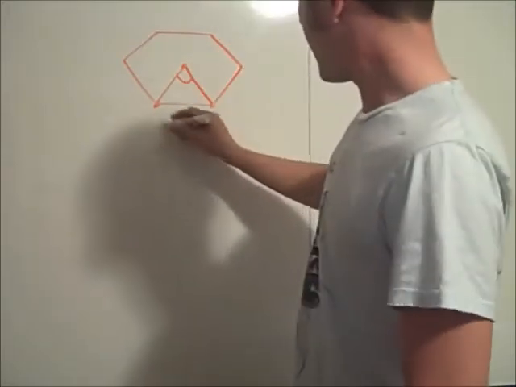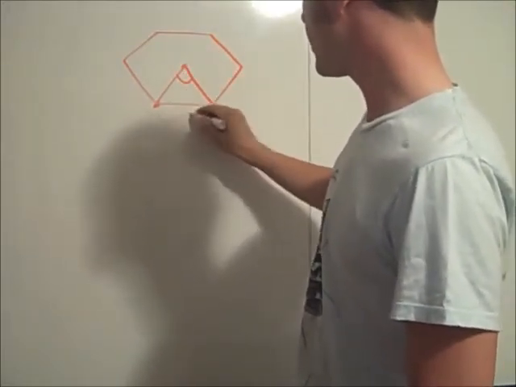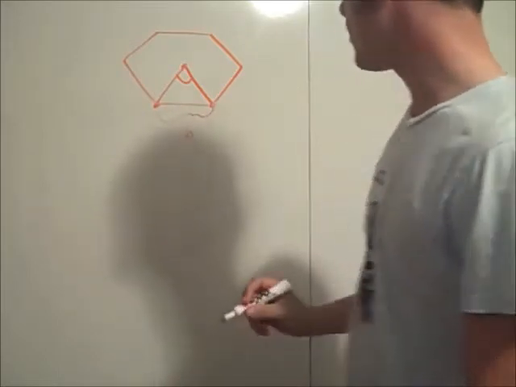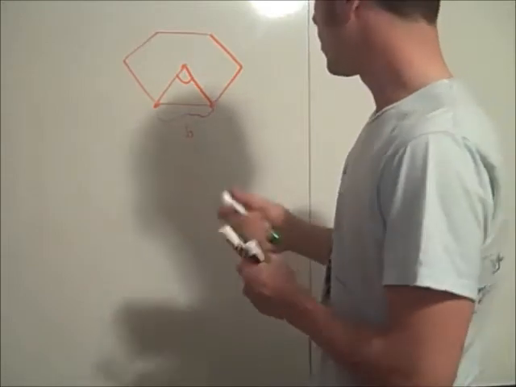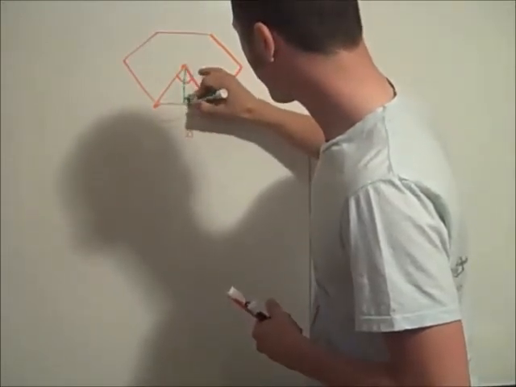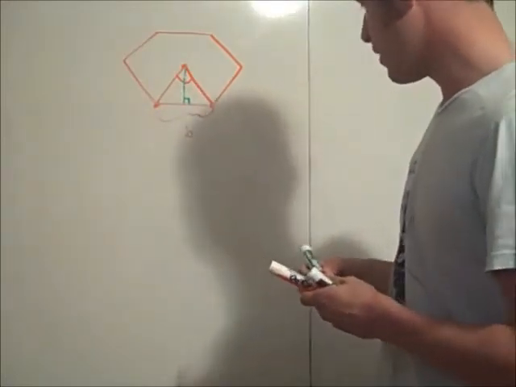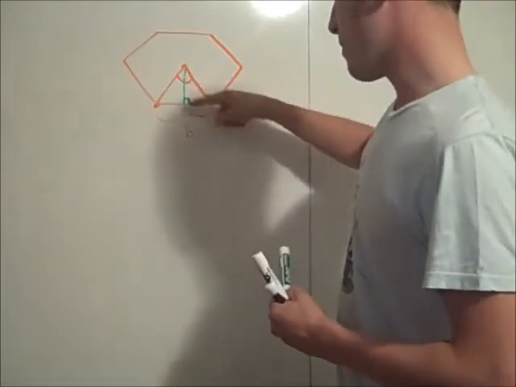When you look at the height of this triangle, so this triangle has a base here, we'll call that B for base. It's got this height right here. That's the height of the triangle. And that has a name.